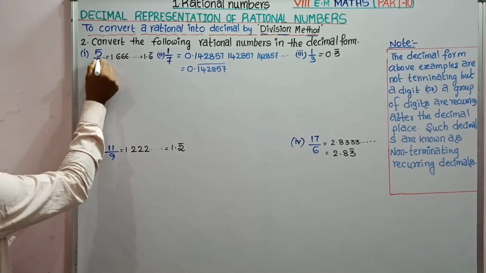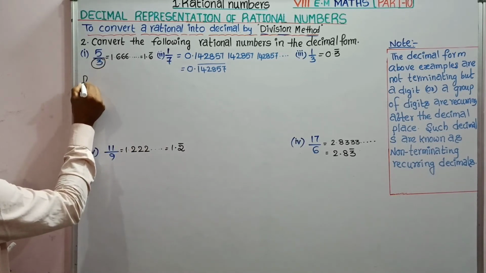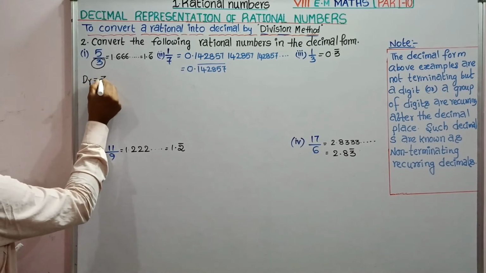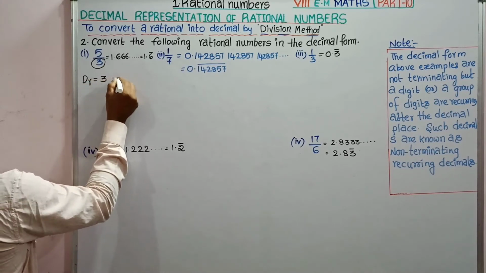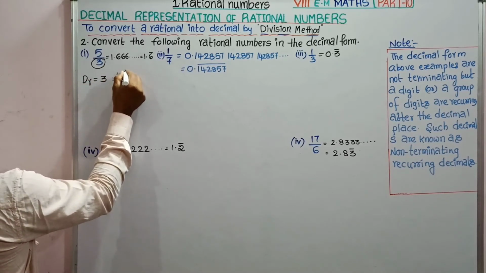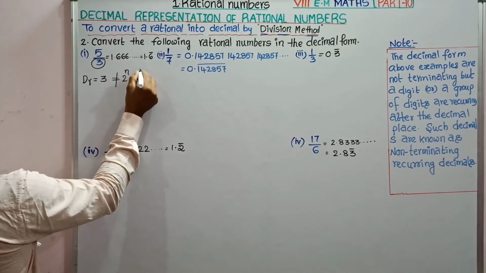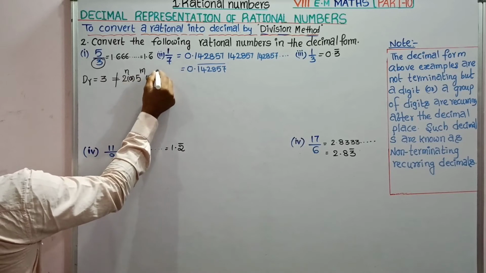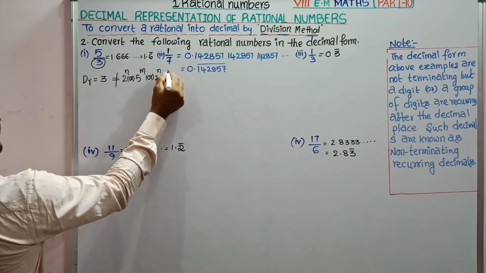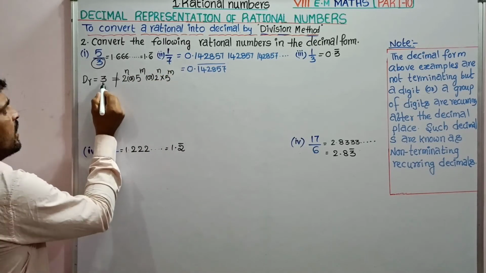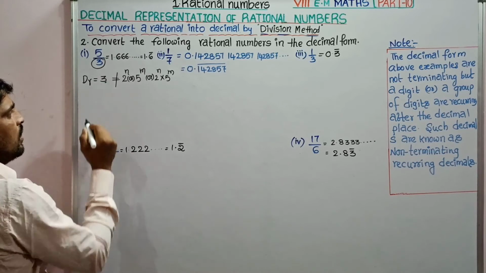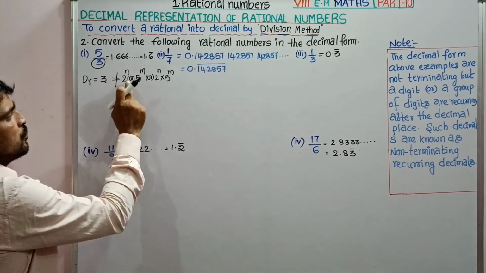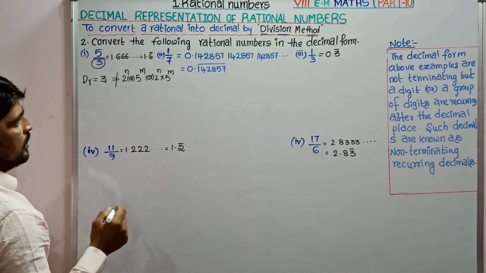First, what is the denominator? Denominator of 5 by 3 is 3. It cannot be written in the form of 2 power n or 5 power m or 2 power n into 5 power m. That means the prime factorization of denominator 3 has 3 only, but not 2 or 5.